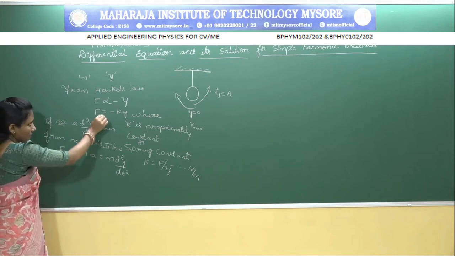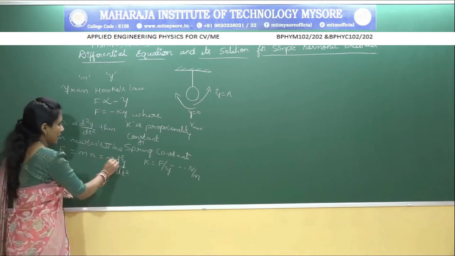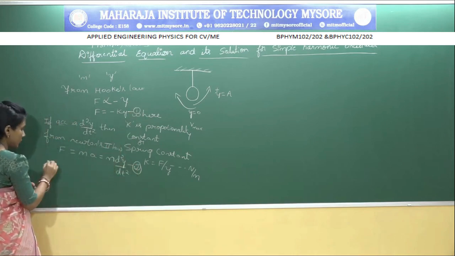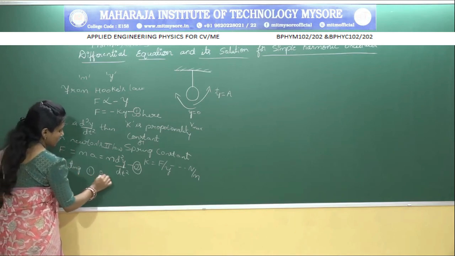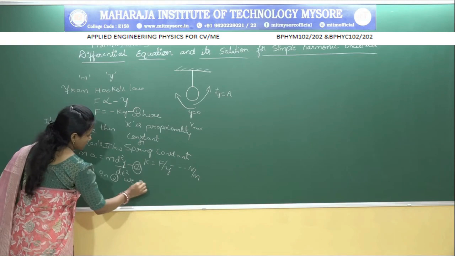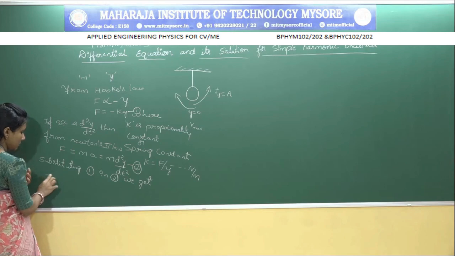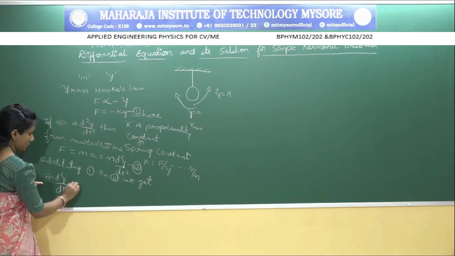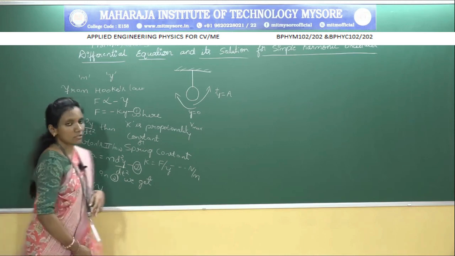Now at the equilibrium position, these two forces are equal. Considering equations 1 and 2, substituting 1 in 2, we get m into d square y by dt square is equal to minus k into y.